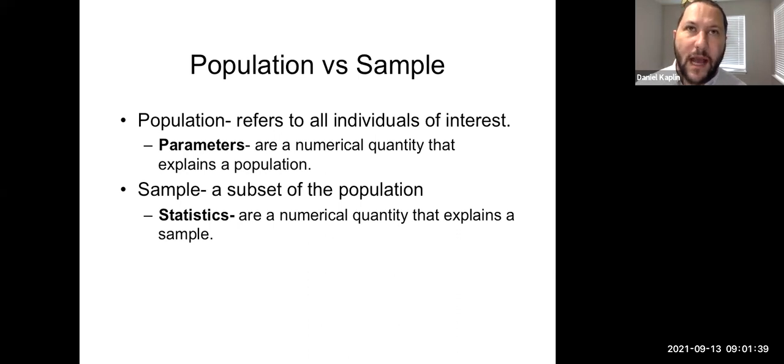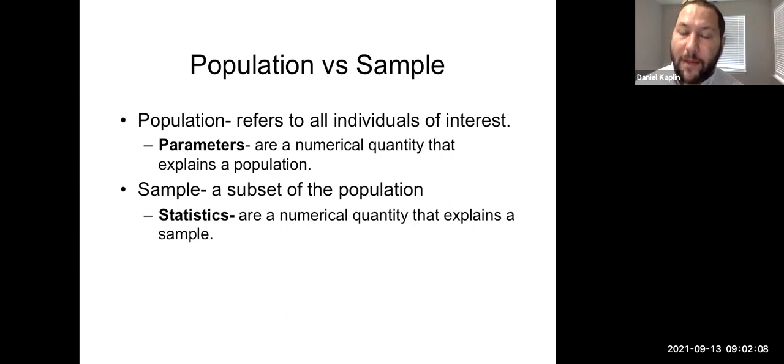So we are acknowledging that we don't have all of the individuals that are part of whatever variable we're studying, but we have a sufficient number and we're hoping to have sufficient representativeness, right, within that sample.